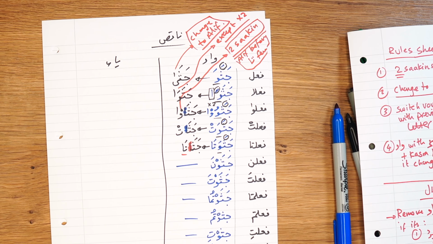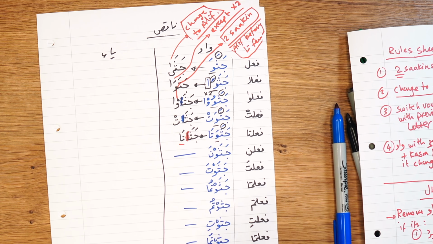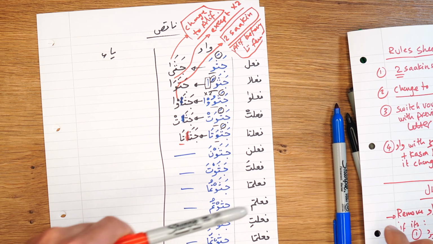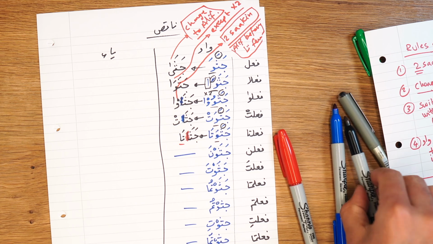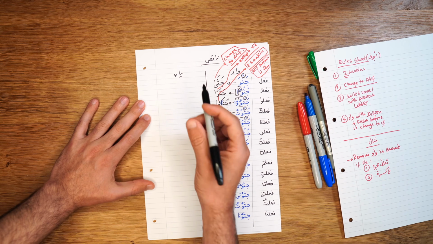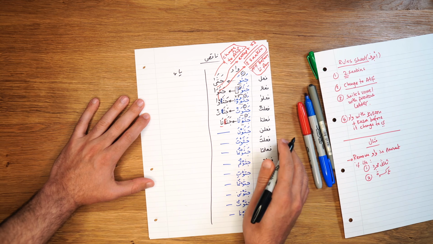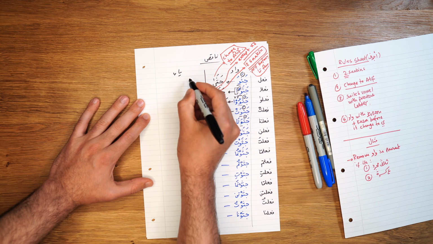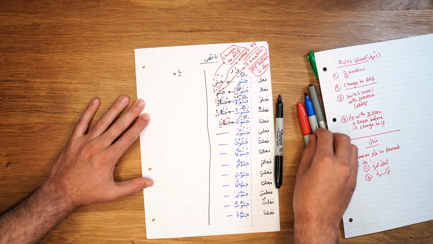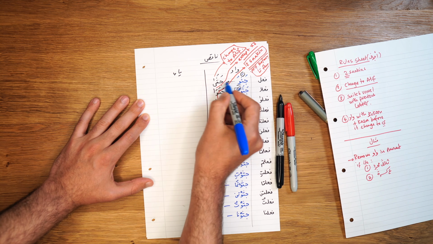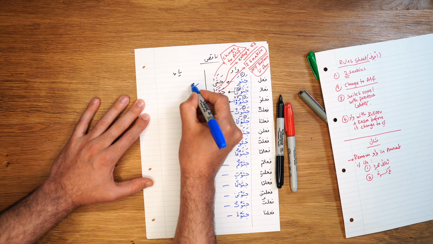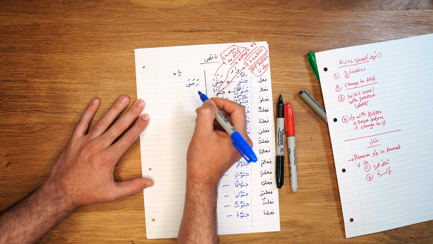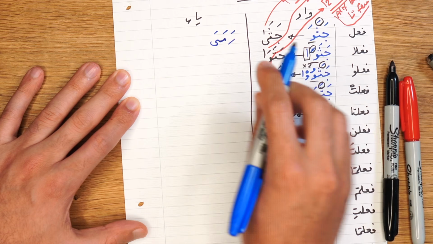Now this can be applied to the ya situation as well. If we try it on the ya situation, hopefully it should make sense. So let's use rama and see if we can apply it there. Originally it should be ramaya. What changes are going to take place?